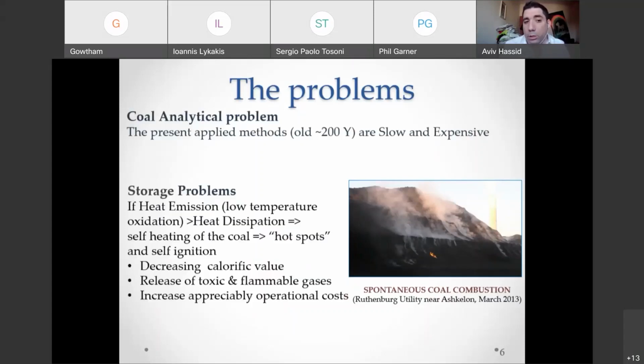If the heat emission during the low temperature oxidation is higher than the heat dissipation, self-heating of the coal may occur, which may lead to the creation of a hotspot and self-ignition. This may lead to a decrease in calorific value, release of toxic and flammable gases, and an increase in the operational cost of handling the coal.